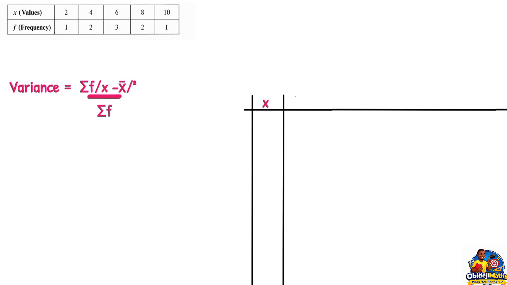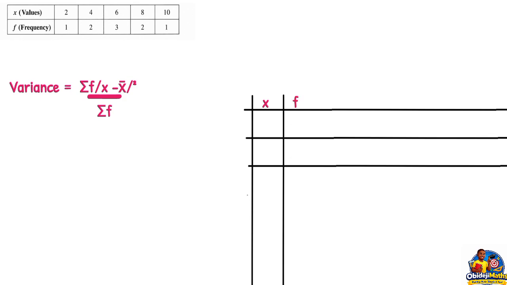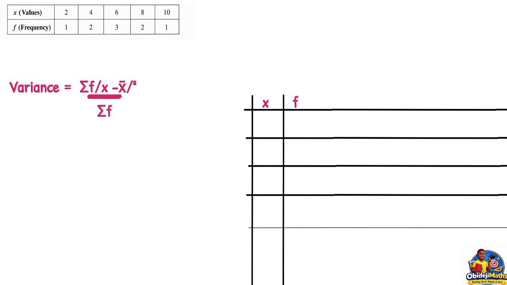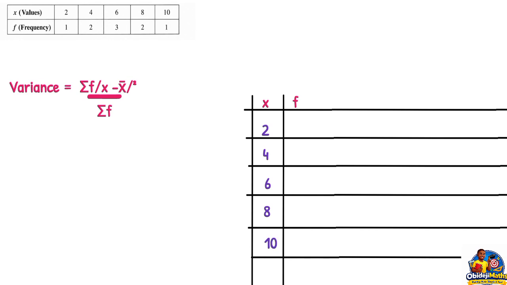The values of x remain the same: 2, 4, 6, 8, 10, and the frequencies are also 1, 2, 3, 2, and 1. Don't forget, in variance we need the square of x minus mean before we multiply it by the frequency.